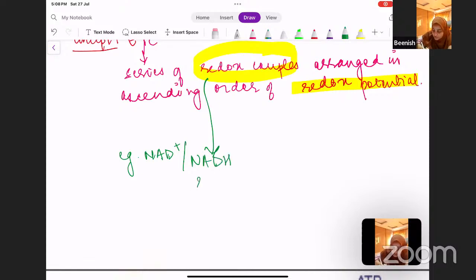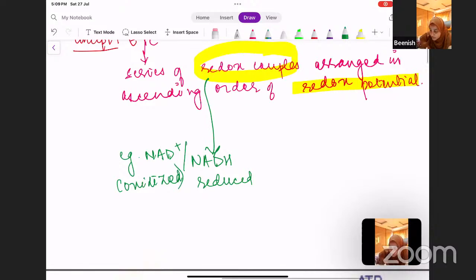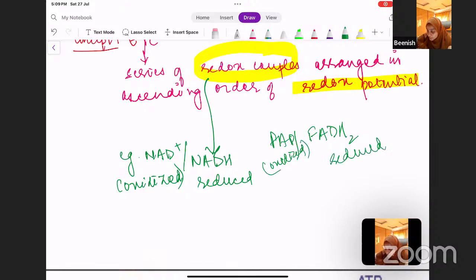NADH is the reduced form and NAD plus is its oxidized state. Similarly, your FAD and FADH2. FAD is the oxidized state, FADH2 is the reduced state.